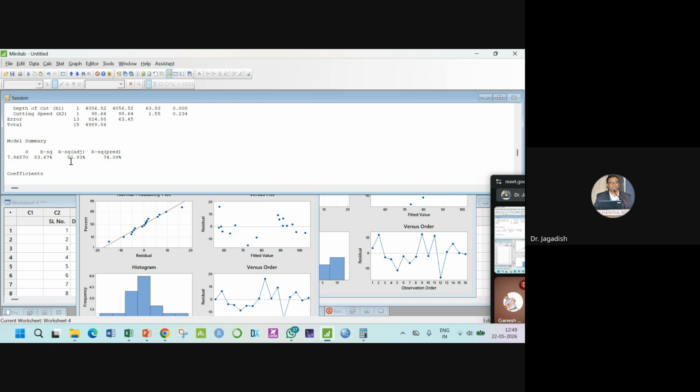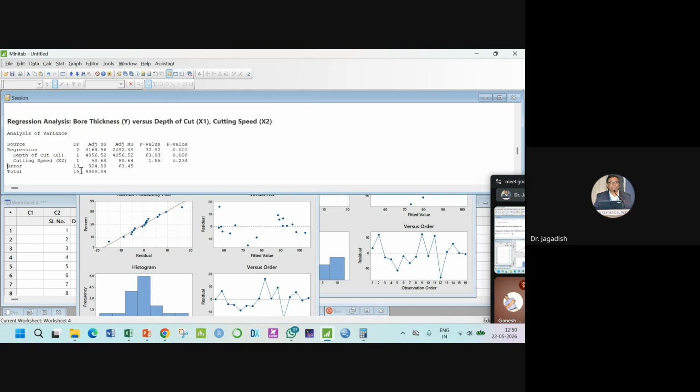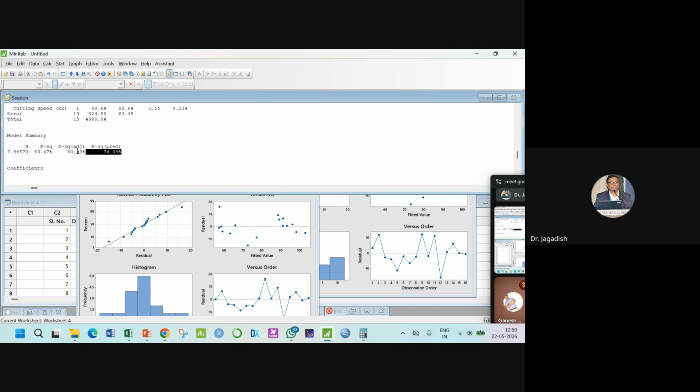But what does that mean? The adjusted R square is 80.93, and here it is 80.17, so there is no change in the adjusted R square. I repeat again, when you add one more variable, R square will increase, the accuracy of the model will increase. But what about the adequacy of the model? The adequacy of the model will not increase anymore. 80.17, here 80.97, slight variation.